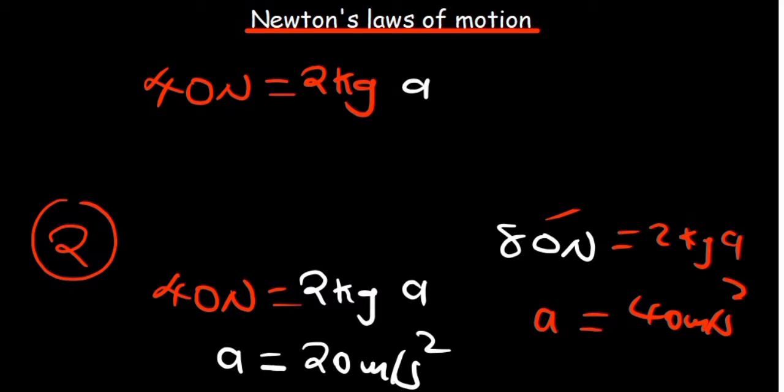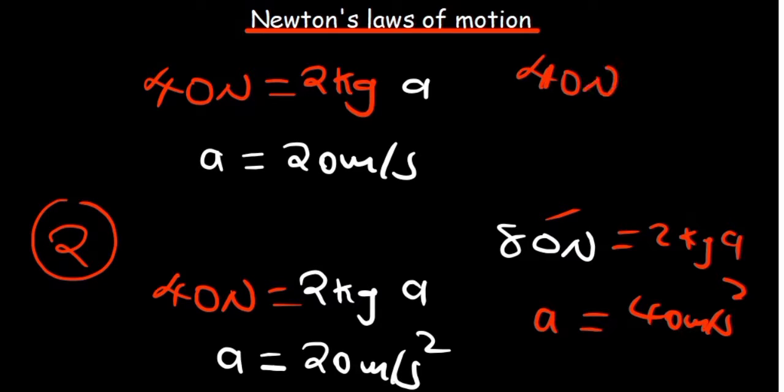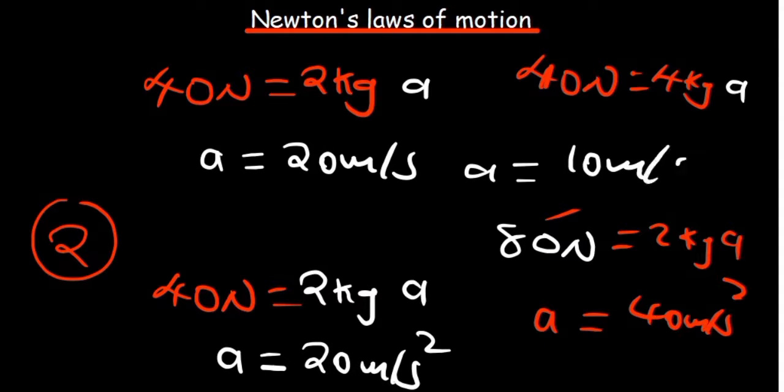If you find the acceleration there, you're going to have 20 meters per second squared. What happens if we increase the mass with the same force of 40 newtons? Let's say we double it to 4 kilograms. In such a case, the acceleration is going to be reduced. And that's what we mean.